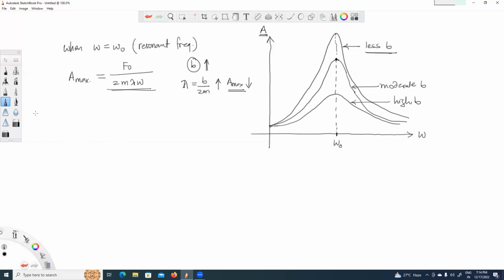Now, going a little beyond this, we'll discuss the sharpness of resonance. What is meant by sharpness of resonance? You see here, there is damping, which means there is power dissipation in the system. Damping means a kind of resistive force, and if there is a resistive force, your energy is going to decay.